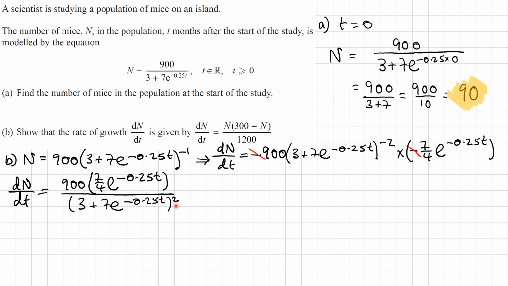Now if I have a look at what I've got here, what I need to get to is all in terms of n, so I need to use this to substitute all of these e parts to get them back in terms of n.